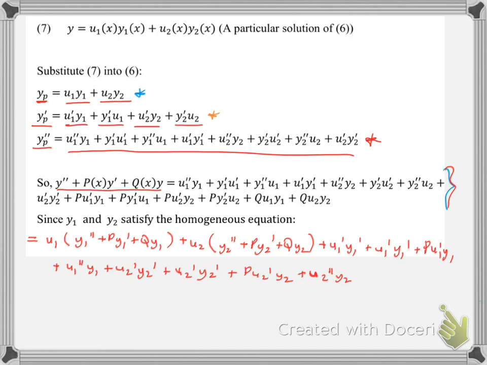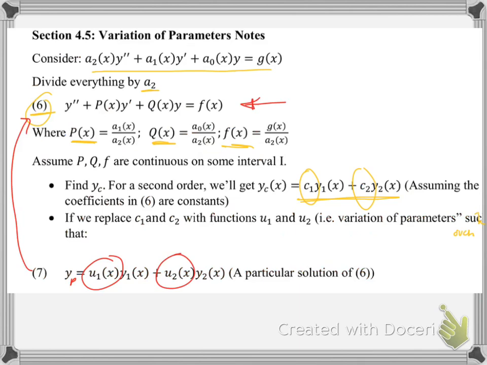But here's what's going on. Here's what I want you to see that's pretty cool. The reason why I grouped this together is because this right here, this is y sub 1, right? And if we go back and look at 6, so maybe you might want to rewrite that on that page.